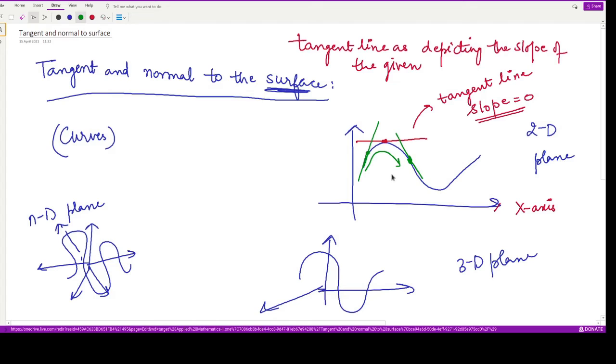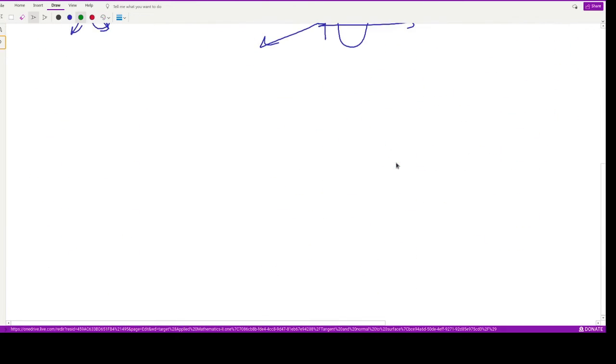So how do you calculate the tangent to a particular curve? We have identified the tangent line with the corresponding derivative, because the derivative tells you the slope of the tangent line.